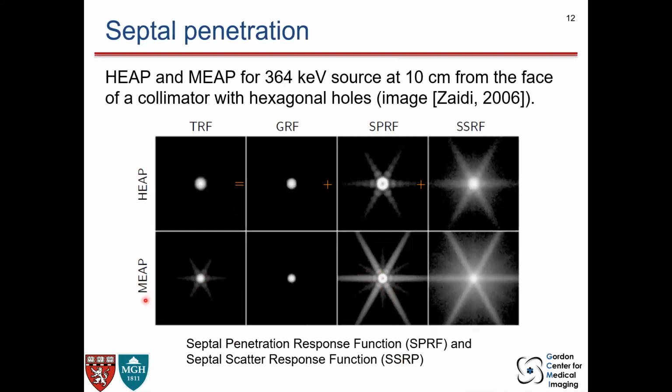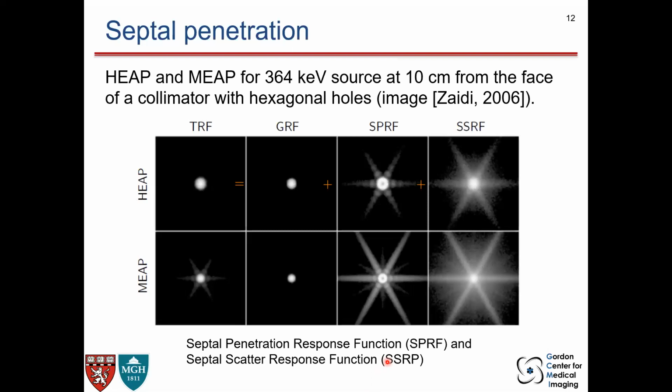And if you use the same, for this type of large, high energy gamma rays, if you use a MEAP collimator, there is no way that you can remove the septal penetration effect. And again, all of these have to come together based on the end application that you have in mind, the protocol, what type of imaging study needs to be done.